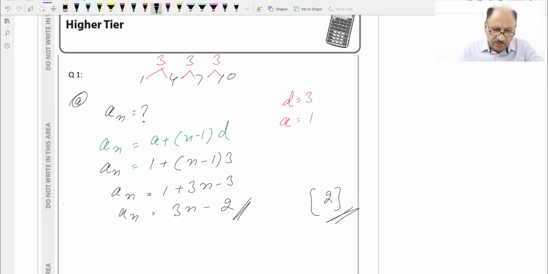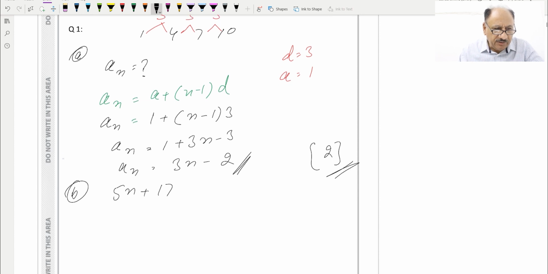Hopefully you are understanding this. Now the B part. They're saying the nth term of a different arithmetic sequence is 5n plus 17, and we need to find the 12th term of the sequence.